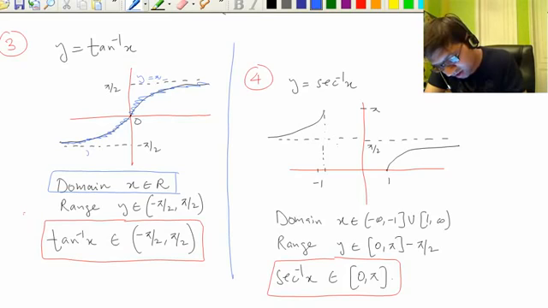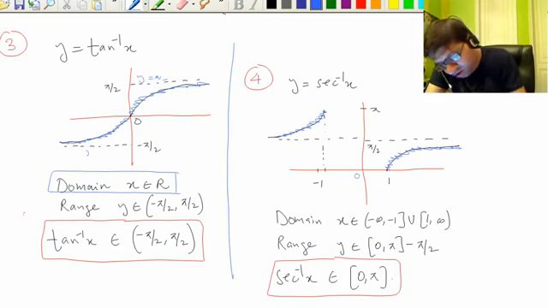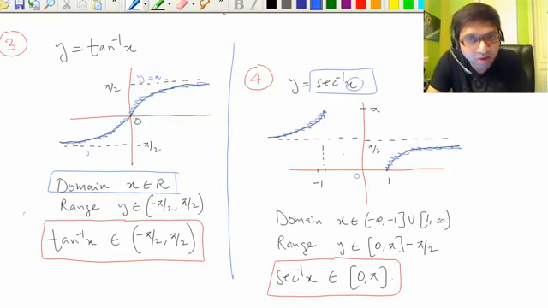Secant inverse x has range 0 to pi, again 0 to pi, but pi by 2 is missing here. This is the graph of secant inverse x. You can see the domain is outside minus 1 and 1, corresponding to secant x, because the ratio can take values outside minus 1 and 1. But the secant inverse x is an angle, and it lies between 0 and pi, excluding pi by 2.